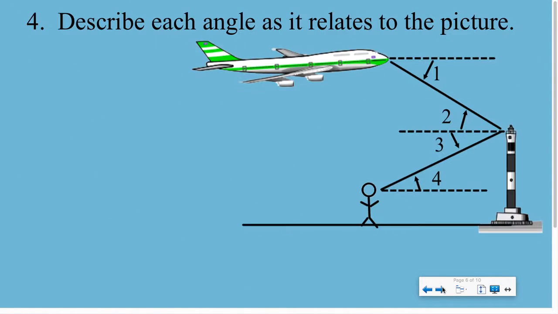We're going to skip 3, we're going to go to 4. And on 4, they want us to describe angle 3 and angle 4 as it relates to the situation. So you have to decide if it's an angle of elevation or an angle of depression, and then from what to what.